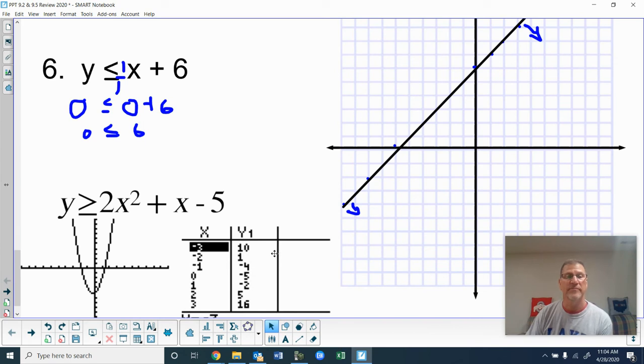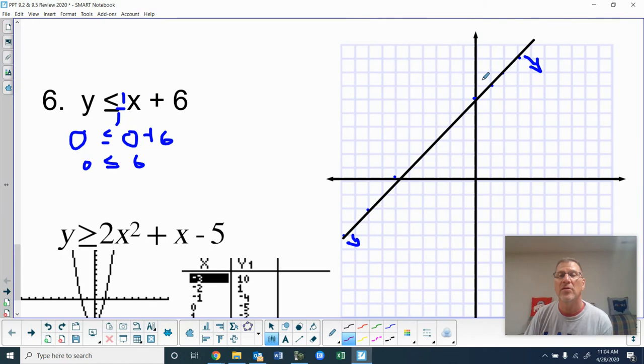All right, so there's some points, -3, 10. Let's use purple. So -3, 10 would be right here. And -2, 1 is right there.